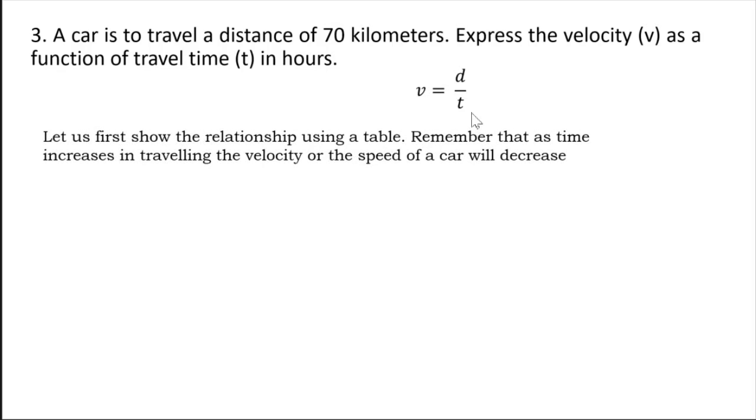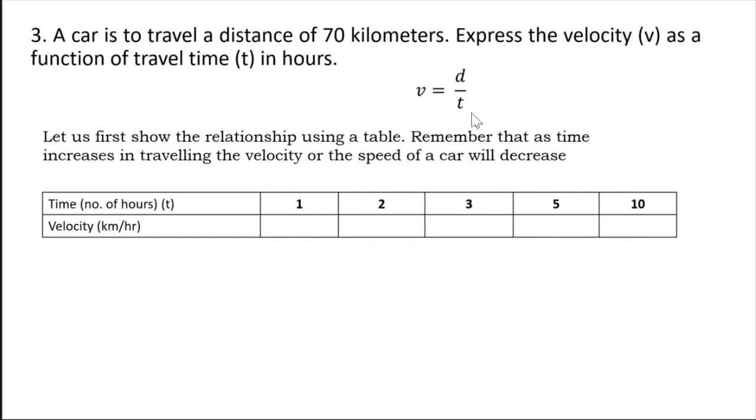So let us first show the relationship using a table. Remember that as time increases, of course, the velocity or the speed of a car will decrease. Suppose we have the time, number of hours, represented by t.